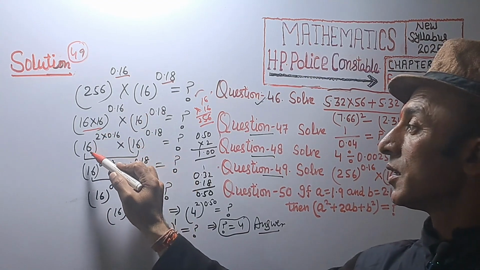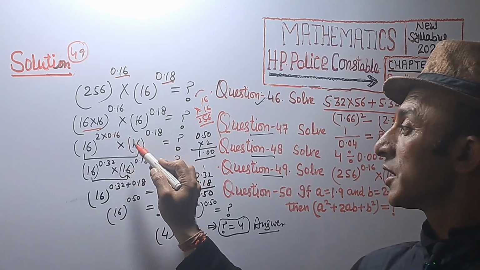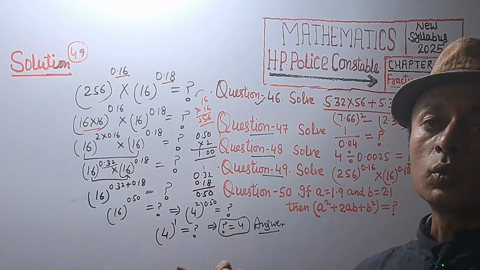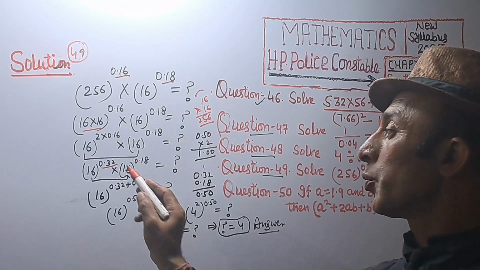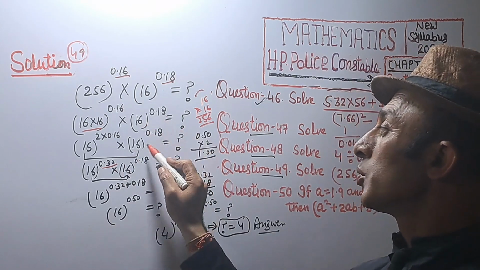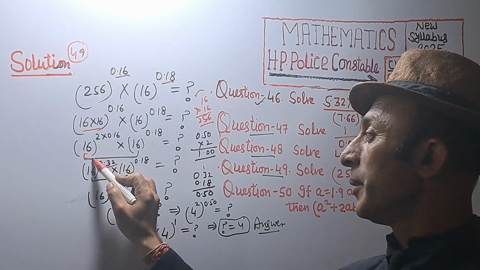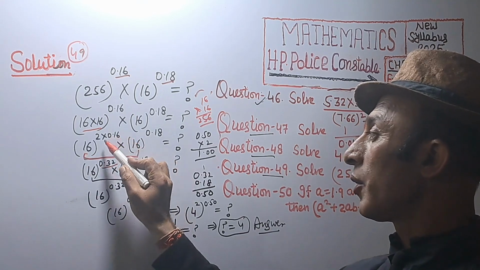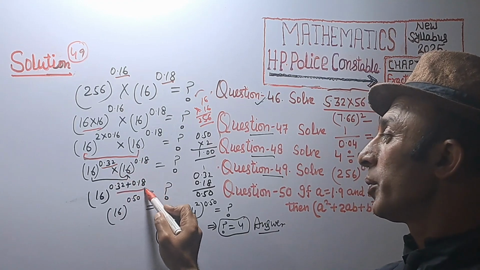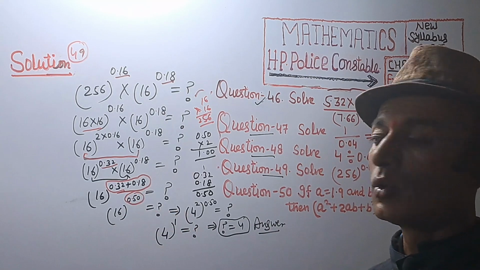Base equal, then 2 into 0.16, 0.16 2s are 0.32. And 16 raised to power 0.18 as it is. Then base equal, power must be added. 0.32 plus 0.18, that is 0.50.